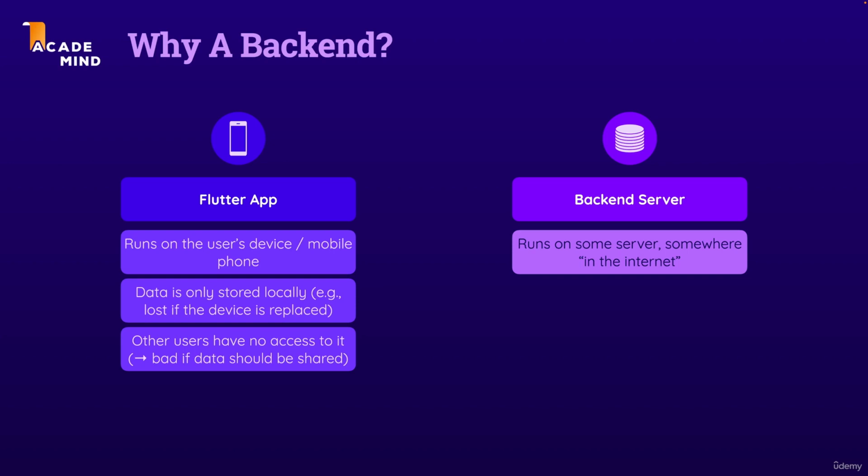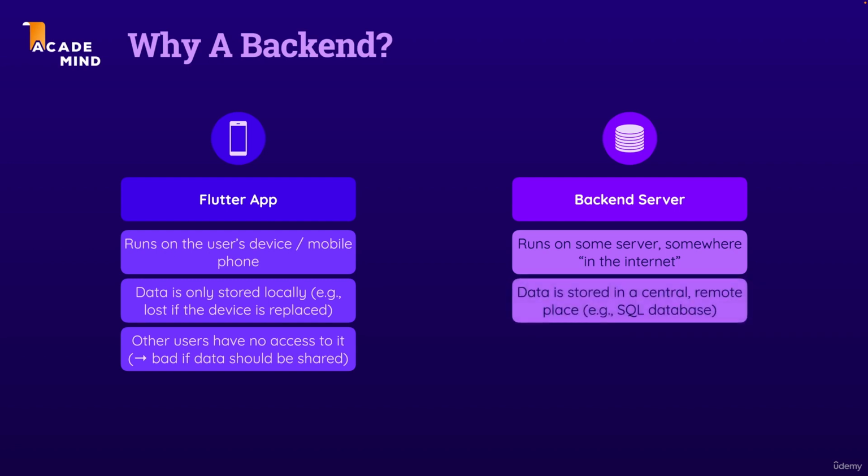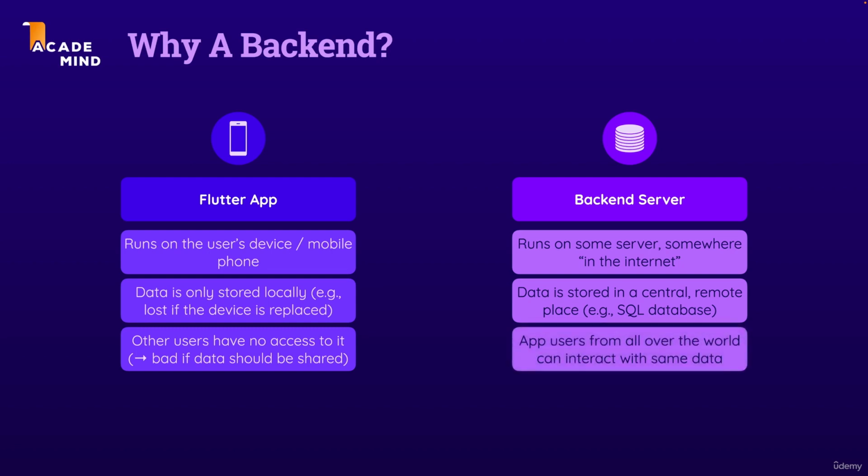Maybe you built it yourselves, maybe you wrote your own backend logic, maybe you're using some third-party solution, so that depends. But in the end, they will very likely also store data in some database, besides doing other work, which is also possible. And since they do run in some data centers somewhere in the internet, of course, app users from the entire world can interact with the same data since it's stored in one central place instead of on the mobile phones of your users.